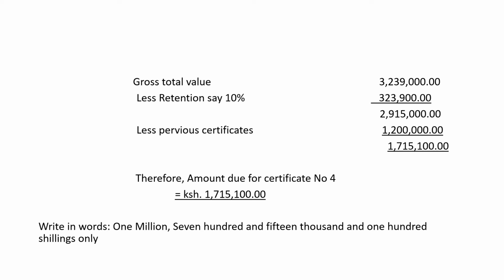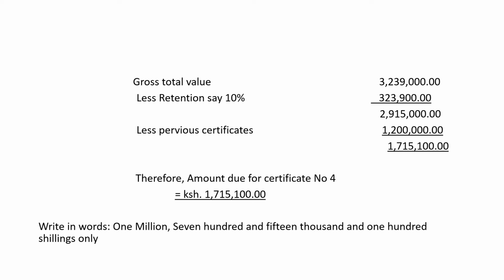Maybe the contractor fails to finish the work, so we are going to retain 10%. 10% of the total gross value, which gives us 323,900 shillings. So if we subtract that from the total value, then we are left with 2,915,100 shillings. And then this is what we are to pay the contractor up to that percentage completion.